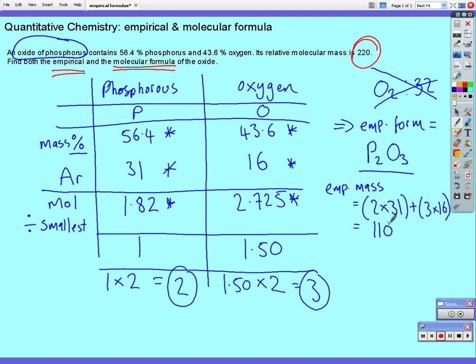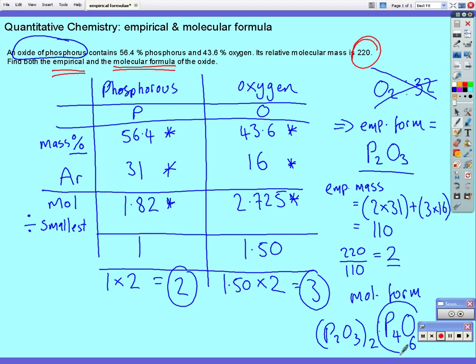I can see that the molecular mass, 220 divided by 110, gives me 2. So I know that my molecular formula is twice the empirical formula. So my molecular formula is P2O3, all twice, which gives me P4O6.